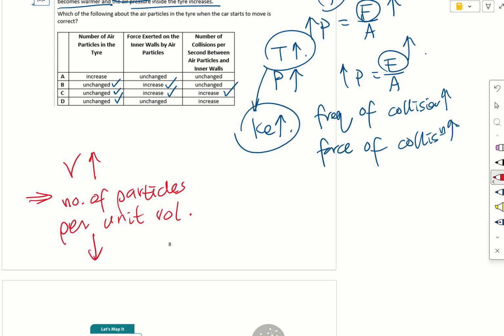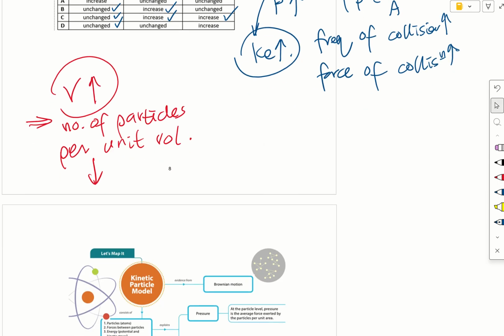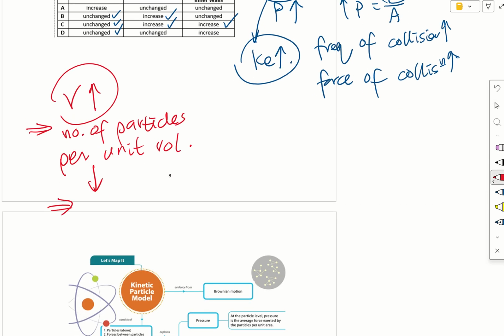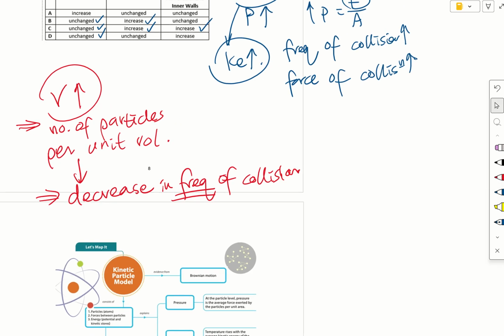If I'm talking about a fixed mass of gas, a fixed number of particles, because as the volume increases, we have more space, the number of particles per unit volume decreases, and that will lead to a decrease in frequency of collision. Okay, but what about the force of collision? The force with which the particles collide with the inner wall will remain the same because now I'm only changing the volume. Okay, so this is one effect.